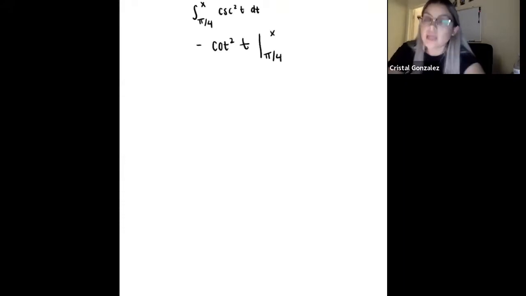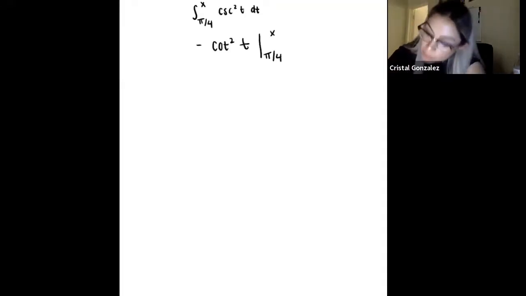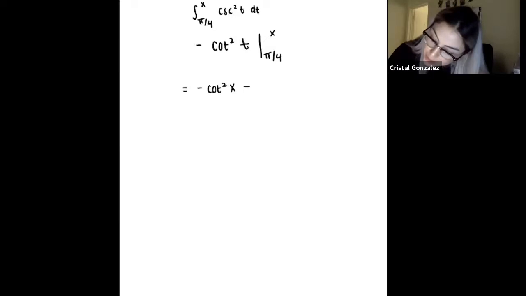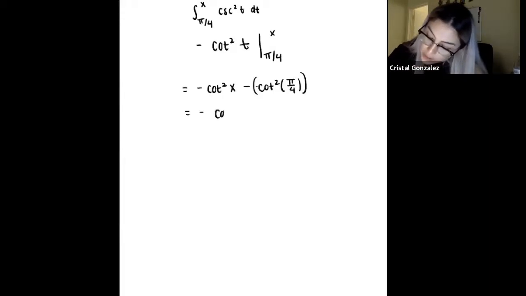And now if we use the evaluation theorem and do f of b minus f of a like we did in the last example, this is going to be negative cotangent x minus negative cotangent of pi over 4. Now, if we evaluate this, this is the same thing as negative cotangent x.